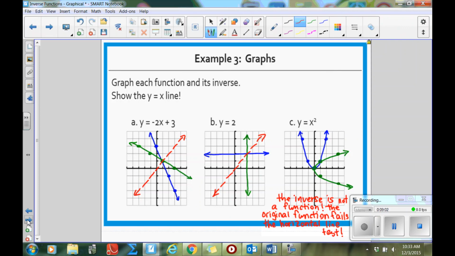So if an original function fails the horizontal line test, it's still a function, but its inverse will not be a function. And again, in conclusion, the big idea behind inverses is that x and y are interchanged, whether it's an ordered pair, values in a table, or points on a graph. You interchange x and y, and inverses will always reflect over the y equal x line.